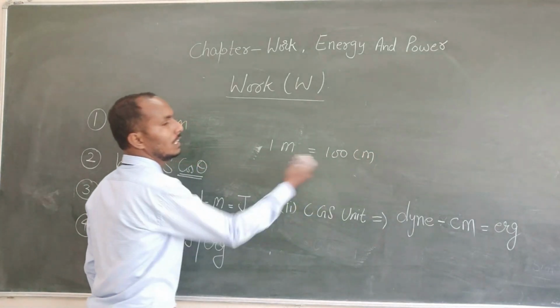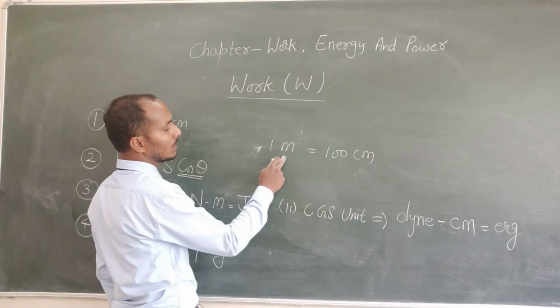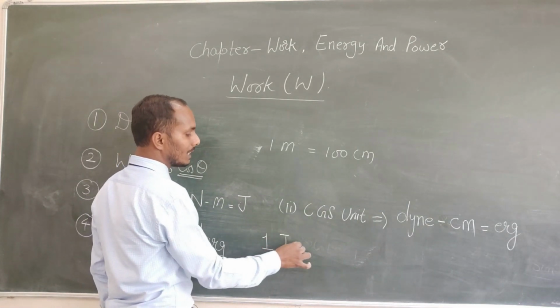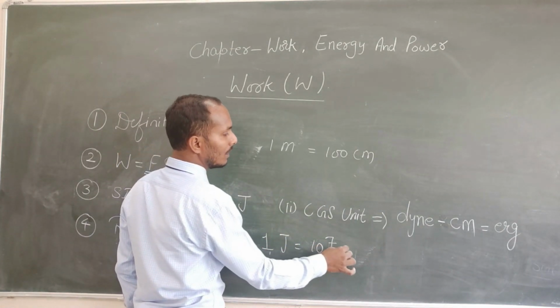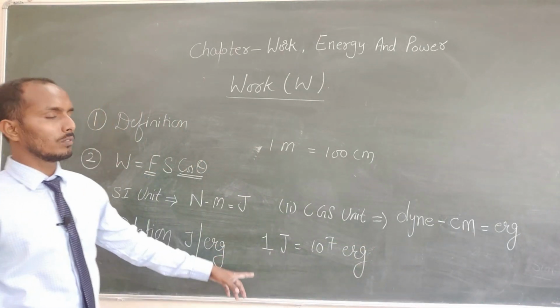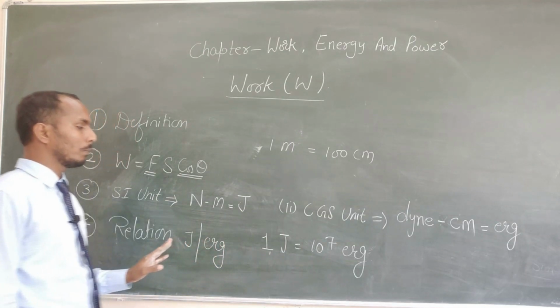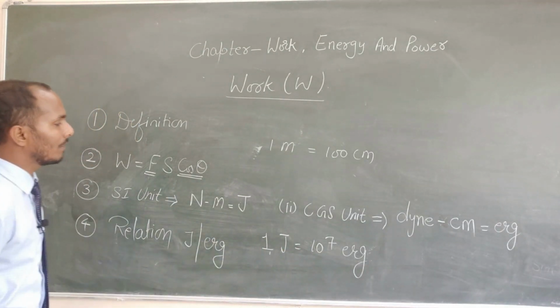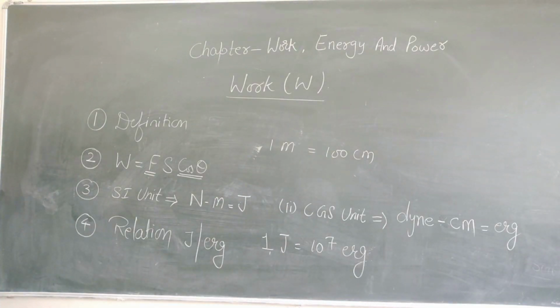Similarly, 1 joule is equal to 10 raised to power 7 erg. This point is very important for numerical purposes.